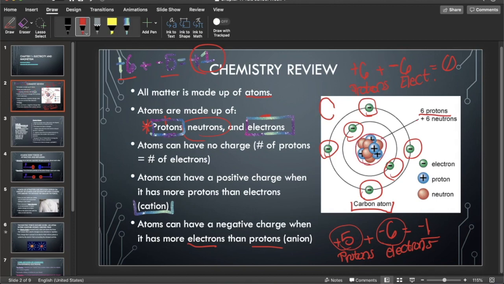Remember, the nucleus is made up of protons and neutrons, and the neutrons really have no effect on the charge. So this carbon atom, without anything happening to it, is going to have a neutral charge.